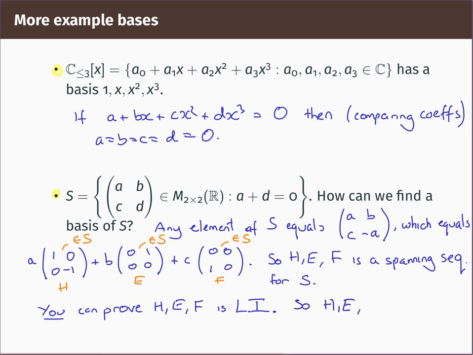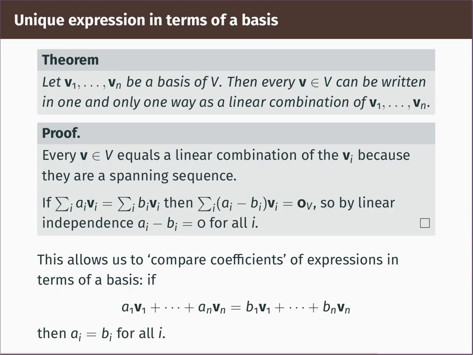And when you've done that, you will know that H, E, F is a spanning sequence and linearly independent, so it is a basis for S. Okay, so there's a nice non-trivial example of a basis.